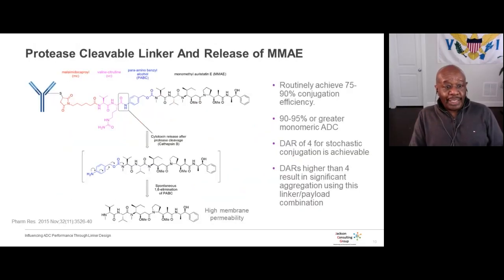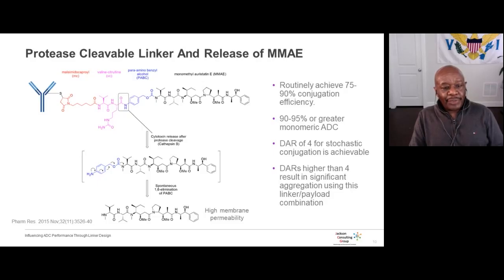That brings me to the next slide, where I'm talking more about one of the members of the auristatin class, which is MMAE. As you can see, this linker design is different from the first one, whereby you have this maleimide conjugation moiety that conjugates the cysteines. You have now this dipeptide linker, the val-cit linker, and you also have this PAB-C spacer.